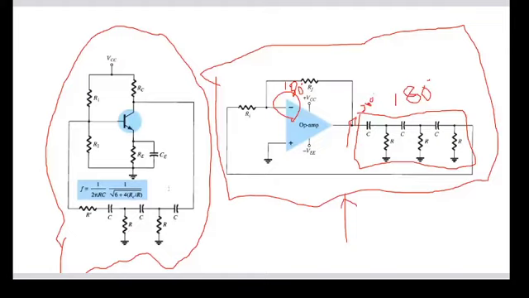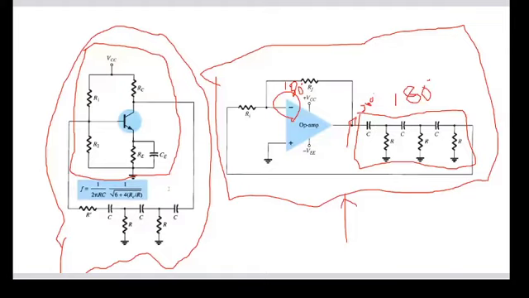When you see this particular circuit, you must be remembering the RC coupled amplifier. The only difference is you don't have the coupling, because we are not taking any input from some other device. We are taking it from passive components only, that's why we are not including the coupling capacitors now.